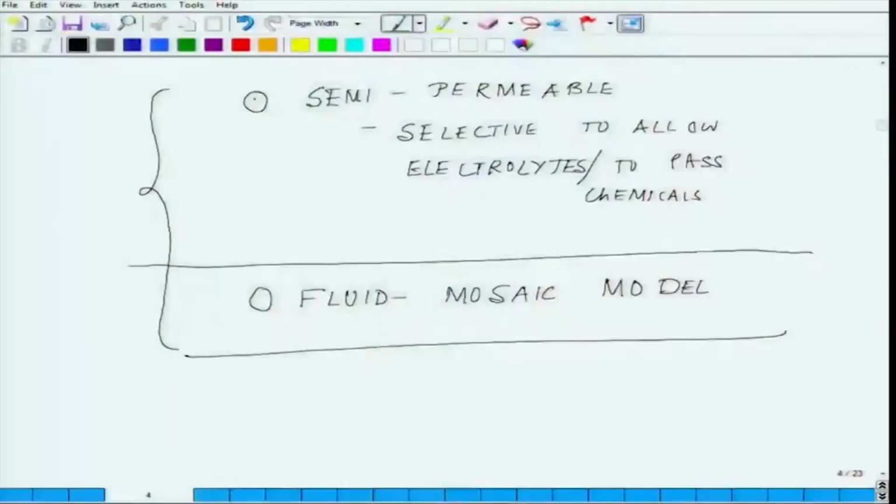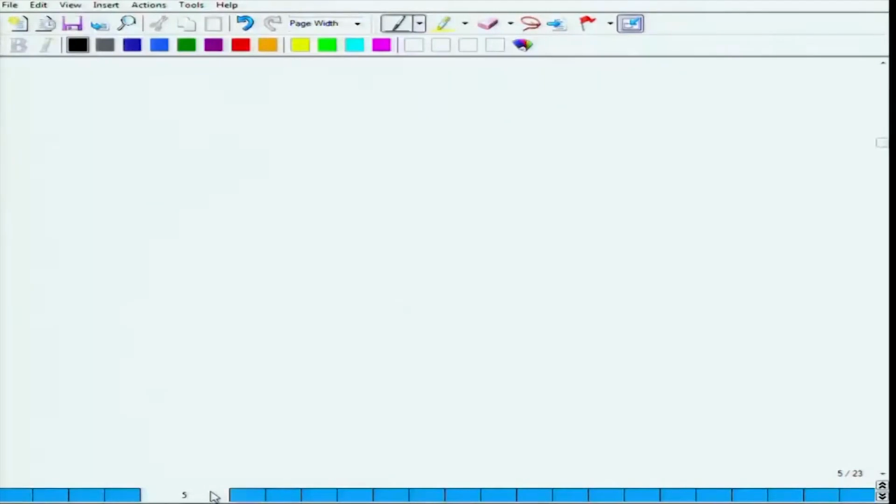Okay, let us talk about all the different transport mechanisms which are happening out here.